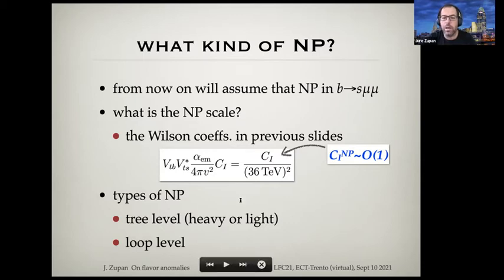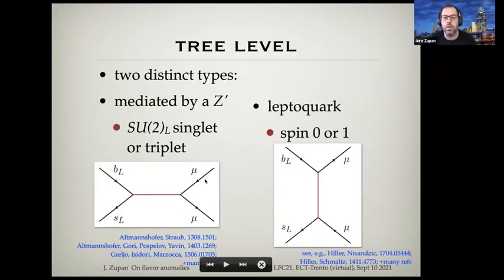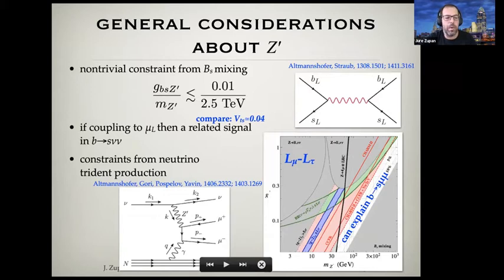So that means that you can have either tree-level contribution from new physics with smaller couplings, or loop level with larger couplings and lighter new physics. All right, so tree level can be, let's say, a Z prime that would mediate a transition, or a leptoquark, so we have b left to mu. Go maybe more quickly through those, since these have been around for quite a while.